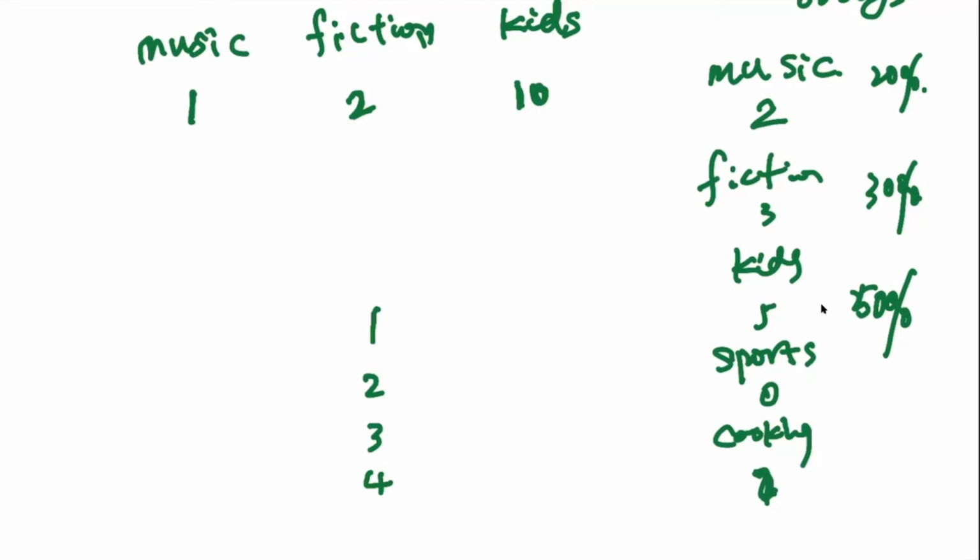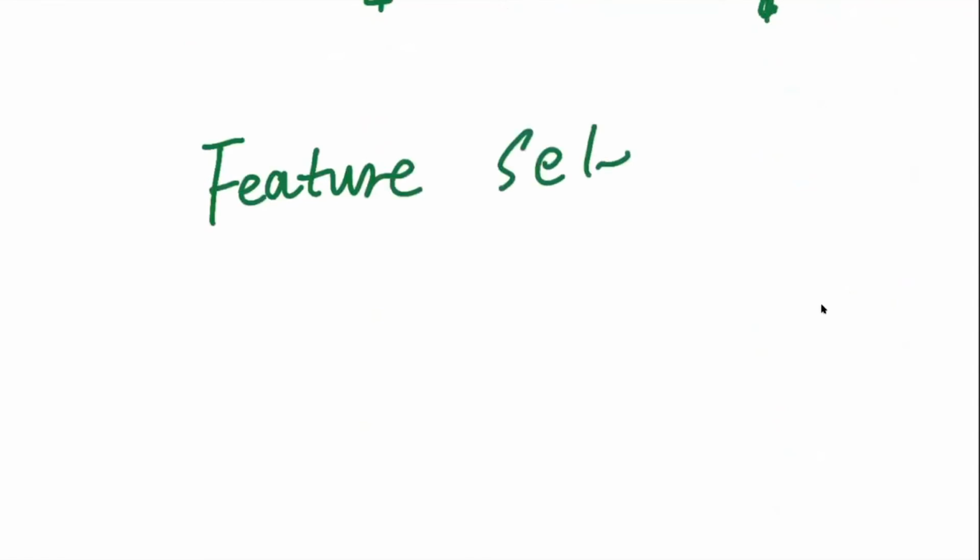You don't need to use all the features. Actually, you will learn the concept called feature selection. Feature selection is very important. Actually, I think the professor will talk about this.